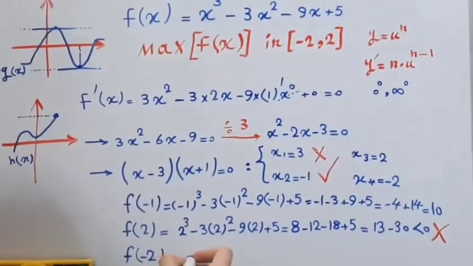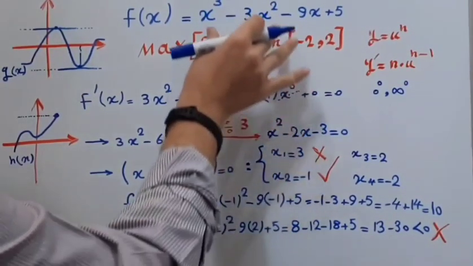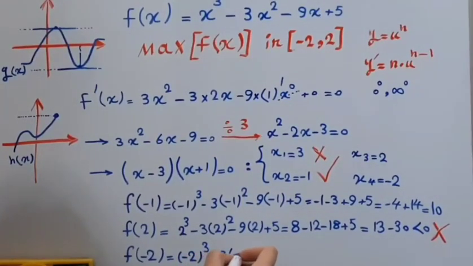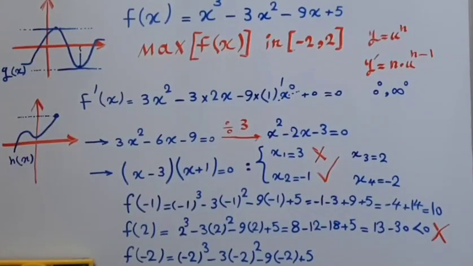And f of minus 2, let's see, this guy, I put just minus 2 instead of x, so minus 2 to the power 3 minus 3 multiplied by minus 2 to the power 2 minus 9 multiplied by minus 2 plus 5.